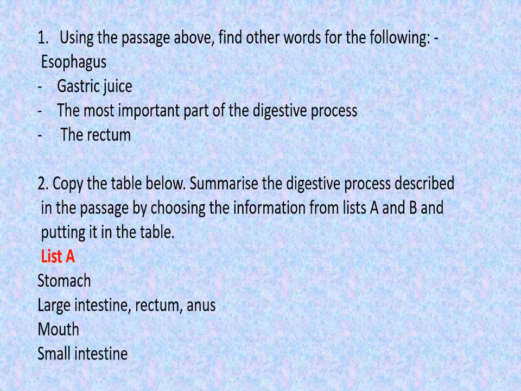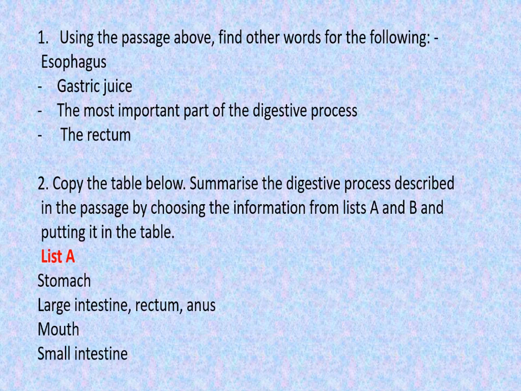List A has 1 stomach, 2 large intestine, rectum, anus, 3 mouth, 4 small intestine. The statement is saying copy the table below. Summarize the digestive process described in the passage by choosing the information from lists A and B and putting it in the table.